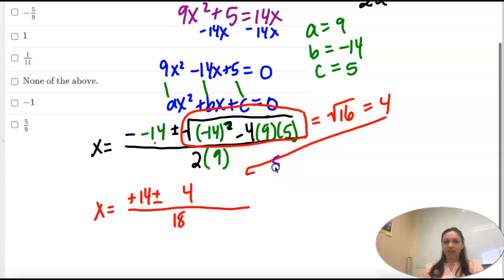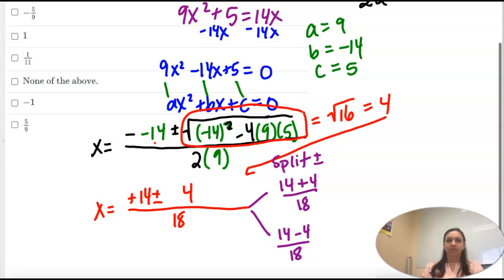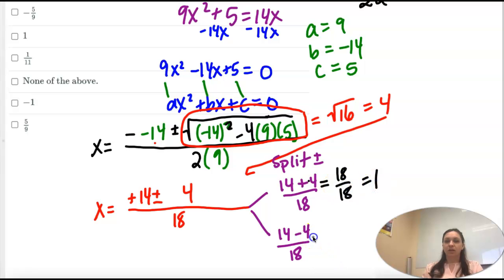And then the last step is you want to split the plus or minus. That's how we get 2 answers. So I have 14 plus 4 over 18, and I have 14 minus 4 over 18. And then we just keep going. 14 plus 4 is 18, over 18 is 1, 14 minus 4 is 10, over 18.